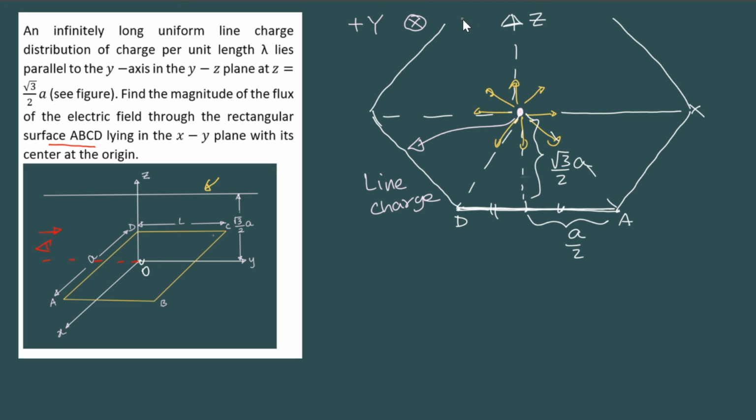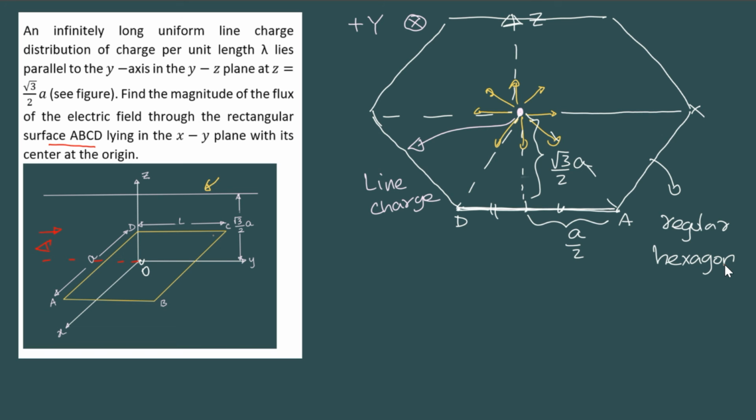This is a regular hexagon that you can form. Now, take 2 more plates shaped as regular hexagons, then place one plate in the front and one plate at the back. Then you have a closed surface. You understand?